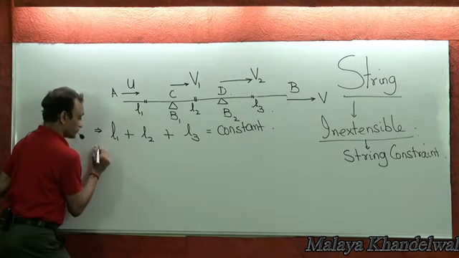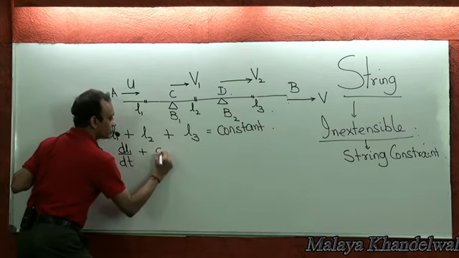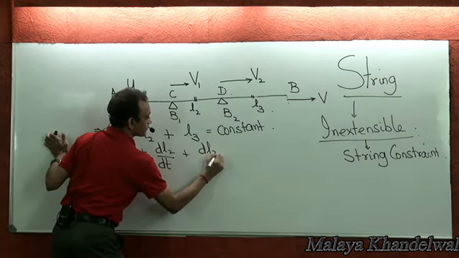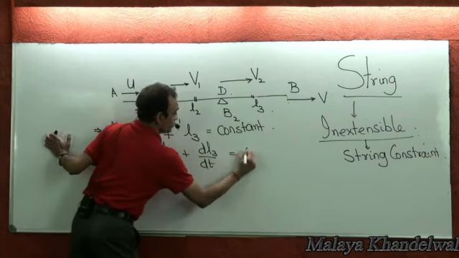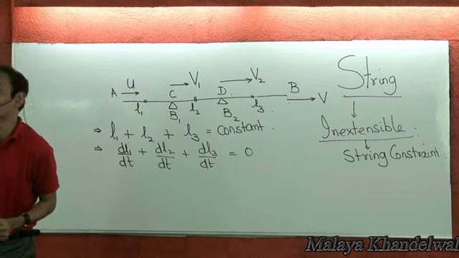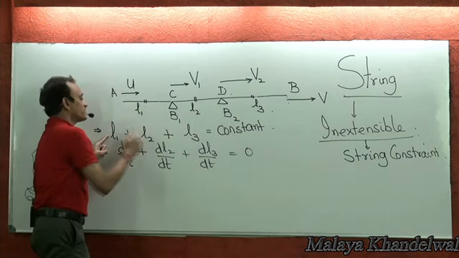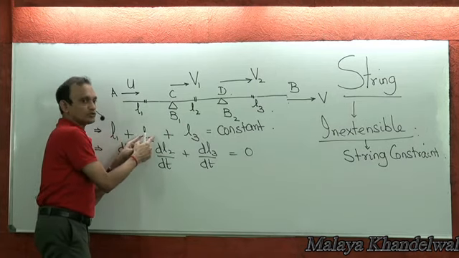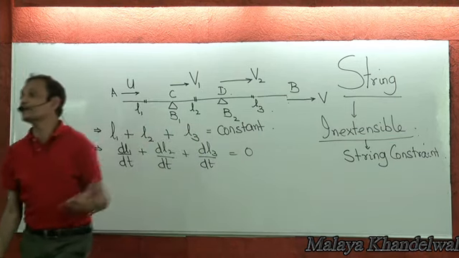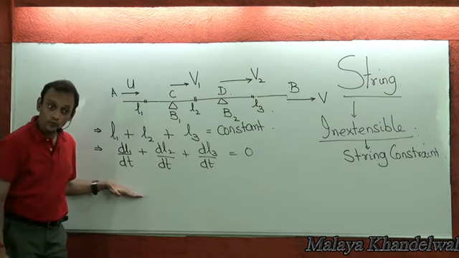Which would mean dL1 dt plus dL2 dt plus dL3 dt is going to be 0. Rate of change of L1 plus L2 plus L3 will be 0 because L1 plus L2 plus L3 is a constant. So the rate of change of this with time is 0, but it is the sum of the rates of change of each of them, and all of this would add up to 0. Yes or no? So do you realize this is 0?